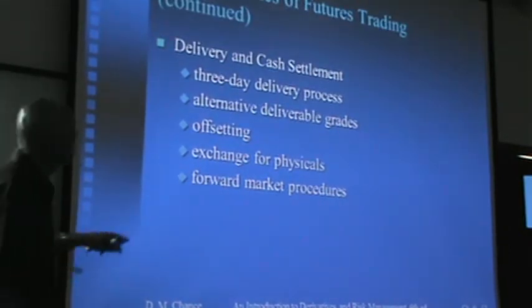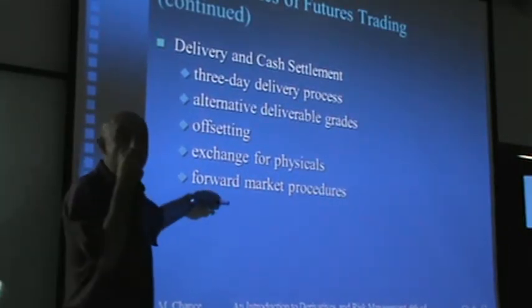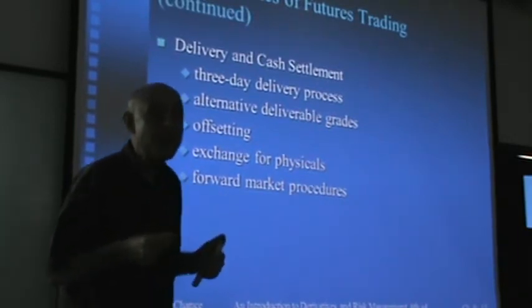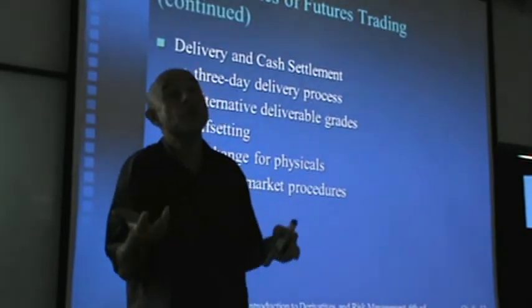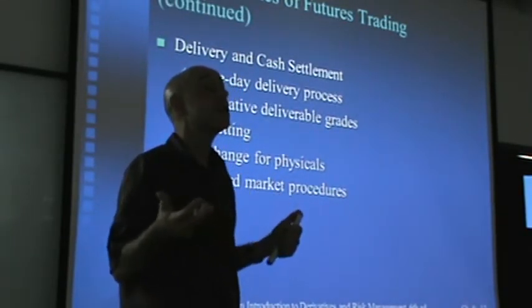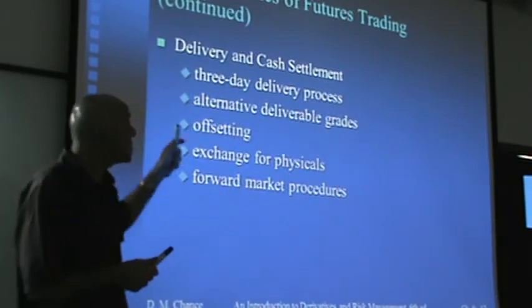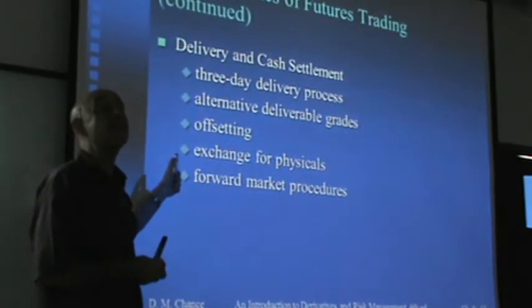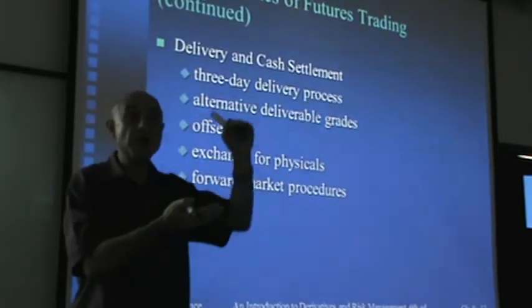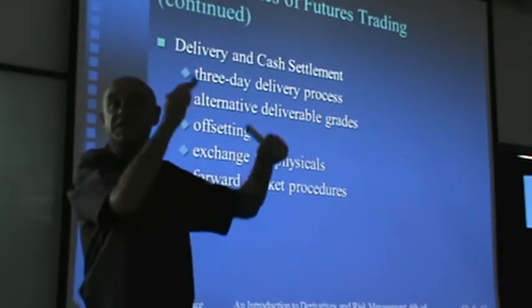And there are a large number of forward market procedures, but a forward market will always specify, again, like the futures market, the exact procedure for delivery. So, futures markets usually have very clear rules as to what it is. And it could be a long list, could be 5 or 10 pages of details.